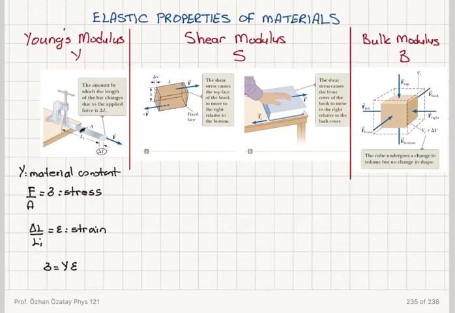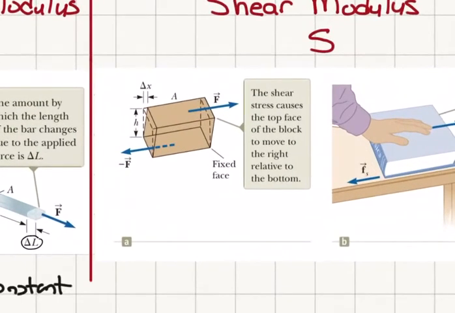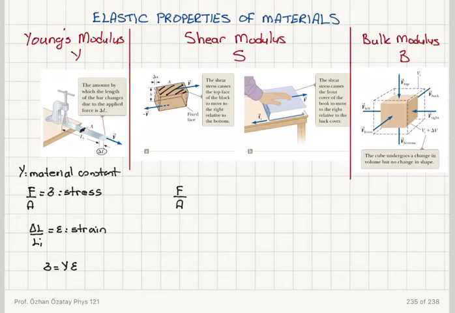And now we have the force that we're applying per area A, but this area is the area of the plane. It's not the perpendicular area. So in order to distinguish these two, maybe we should put a perpendicular here. This is the parallel area.